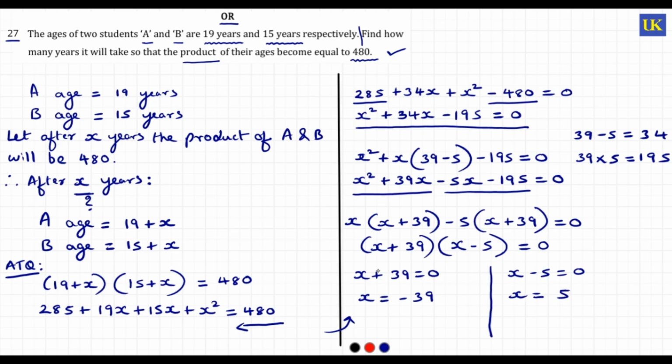Now guys, here x we had taken as the number of years. The number of years cannot be negative. So this is wrong and this is right, because years cannot be negative. So x is equal to 5 is correct.